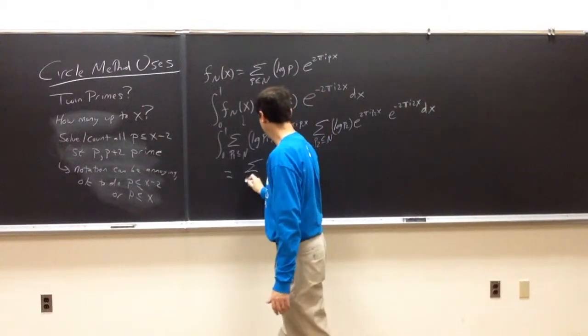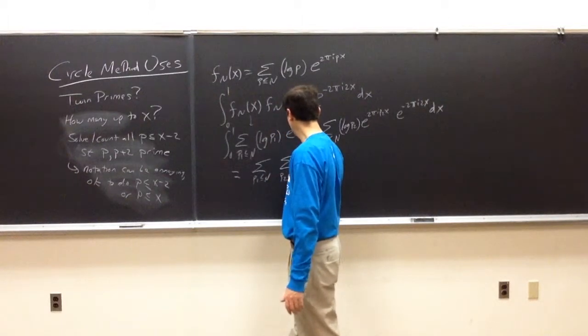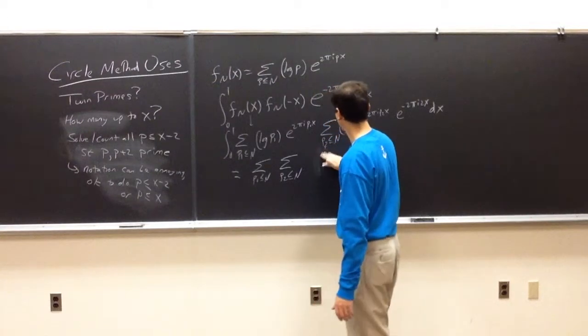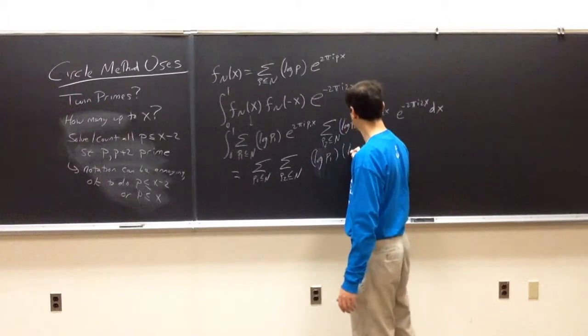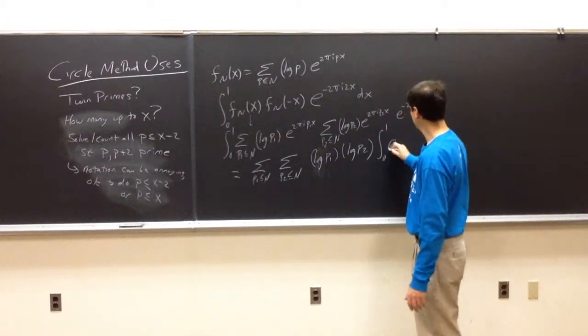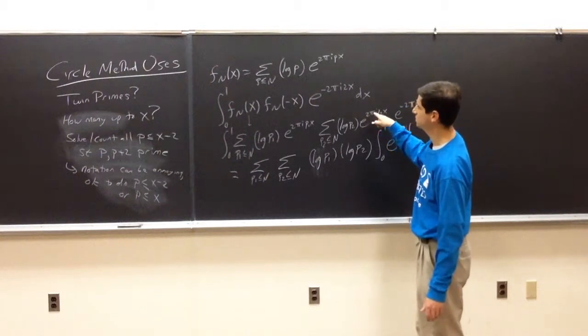This is the sum p1 less than or equal to n, the sum p2 less than or equal to n. And now we have the integral from 0 to 1. Actually, I'll put the logs outside. The log of p1, the log of p2, the integral from 0 to 1 of e to the 2 pi i. Oh, oops, this is a mistake here.